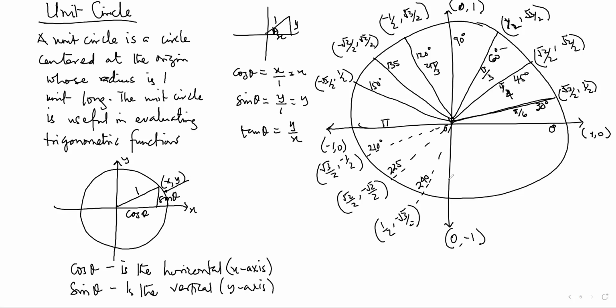And 240, when you add 30, you get to 270. And don't forget, if you want to check it out, cos 270, you get 0. And sine 270, you get minus 1. You can check it out on the calculator. So that cos 270 will give you 0. So the same thing applies over here.